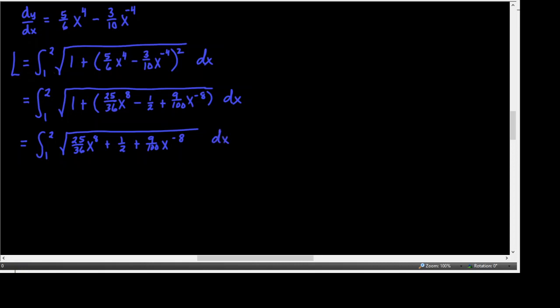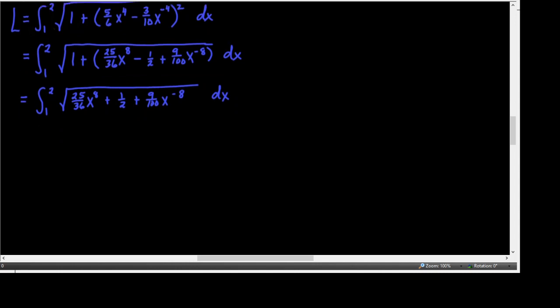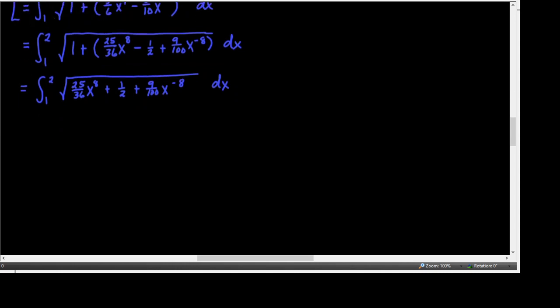dx. My hope is that that trinomial under the radical factors, so I'm going to check to see if it's a trinomial square.